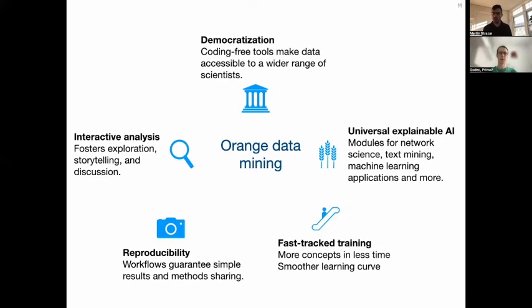Finally, we envision interactive and highly visual workflows to be a key component in future efforts for explainable AI and explainable statistics in fields of text mining, machine learning, bioinformatics, and more.